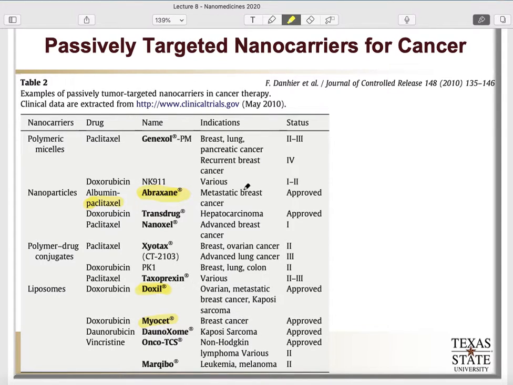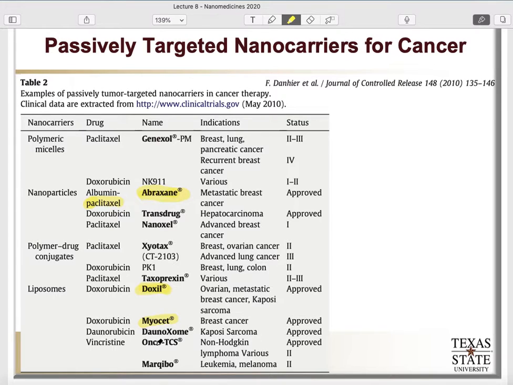For example, Doxil has been shown to have less effect on the heart because doxorubicin is a drug that is known to cause cardiotoxicity. So Doxil has been shown to have less of an effect in the heart, but still causing significant other side effects.